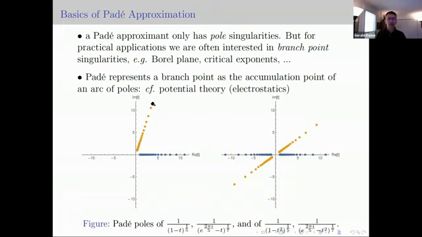This one here, there's a line of poles accumulating to the branch point at e to the 2 pi i over 5. Here, if I make the variable t squared, I see I have these oppositely aligned lines of accumulating poles. That's the way that Padé tries to represent a branch point and a branch cut.